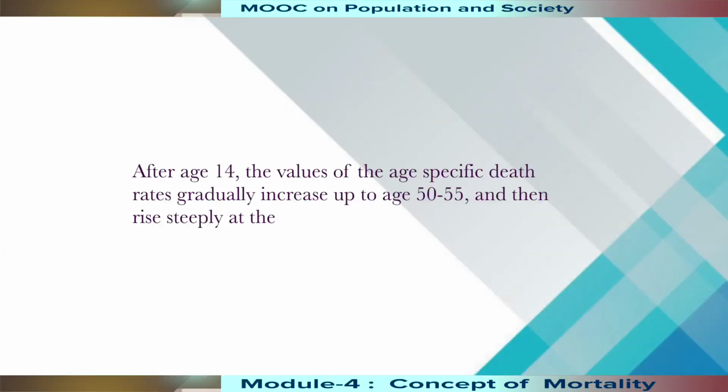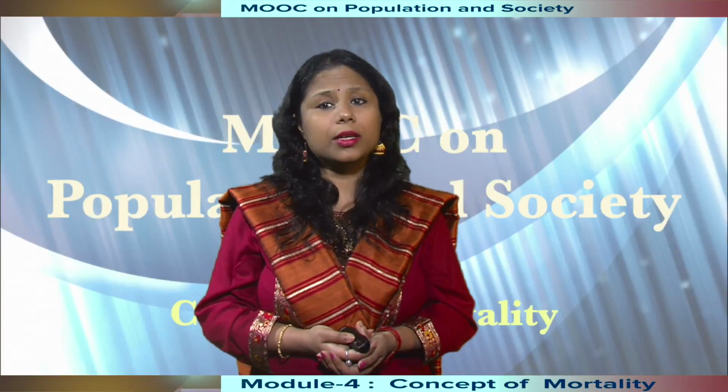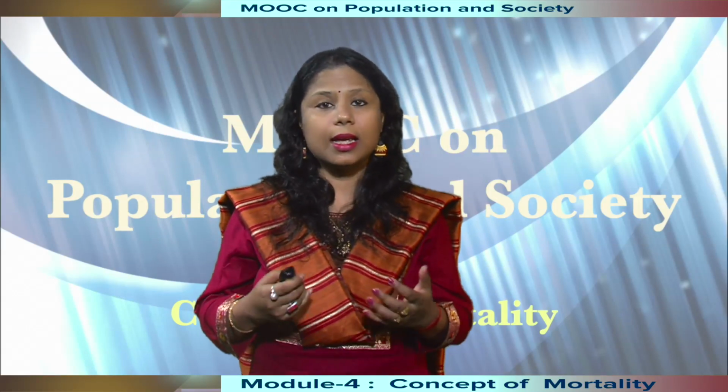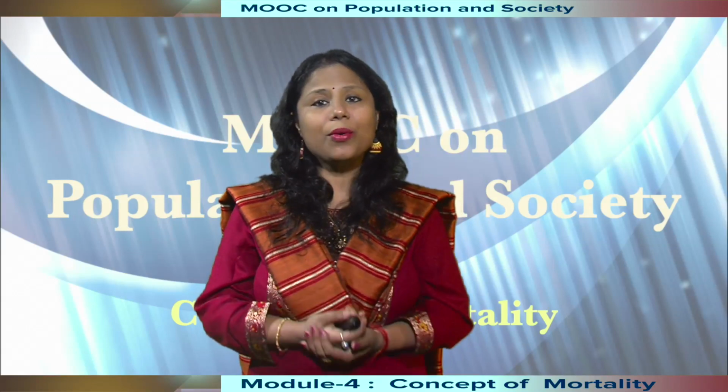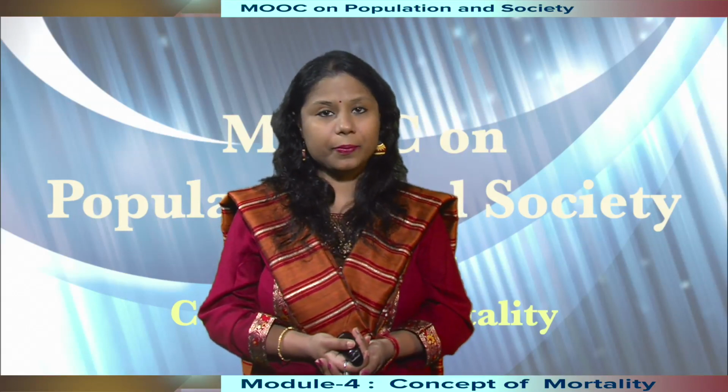After 14, the values of age-specific death rates gradually increase up to the age of 50-55 and then rise steeply at the higher ages. So dear learners, we hope that you have understood how death rate varies across sex and age. Let us now try to understand the other differentials in mortality.